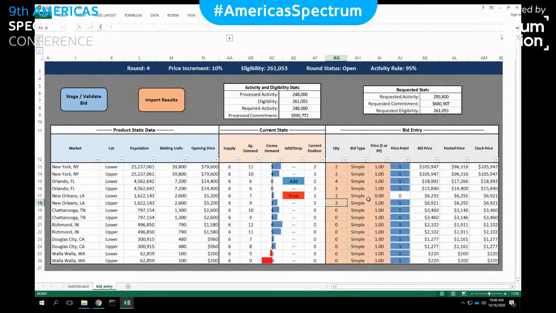Somebody else can also bid for the drop in the excess demand at 0, and the auctioneer may process their bid first, in which case only 1 block of mine will be processed. So I'm requesting a 2-block increase, but I'm only certain that 1 of them will be processed. The other one is contingent on the rest of the market and how the auctioneer processes my request to drop. So we can stage this bid, have the auctioneer run it through, and then import results.